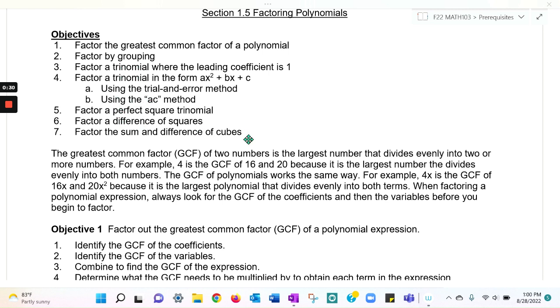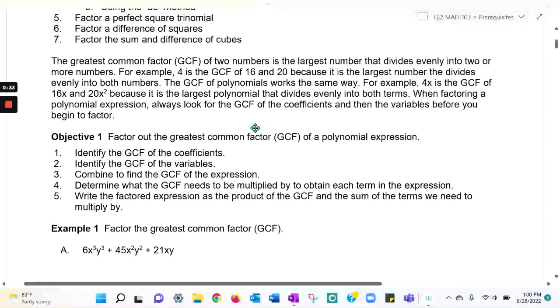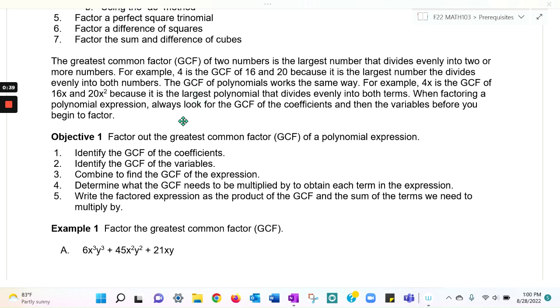So greatest common factor, I'm going to assume you know what that is. It's the largest number or the expression with the largest coefficient and most variables, I guess, with the highest exponents, that goes into a group of expressions.